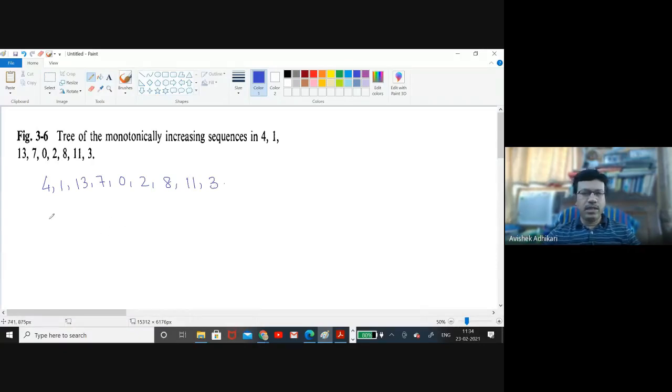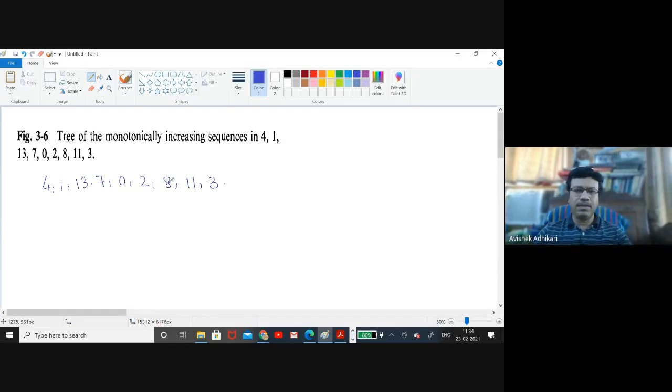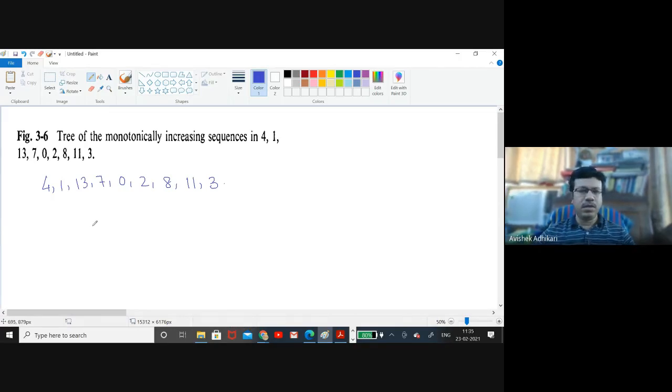So what I need to find is a monotonically increasing sequence in it. It has to be a subsequence. I need to find a monotonically increasing subsequence of it of maximum length. Okay, so what does it mean? It means if I start with 4, then I cannot take 1, because then that will be monotonically decreasing.